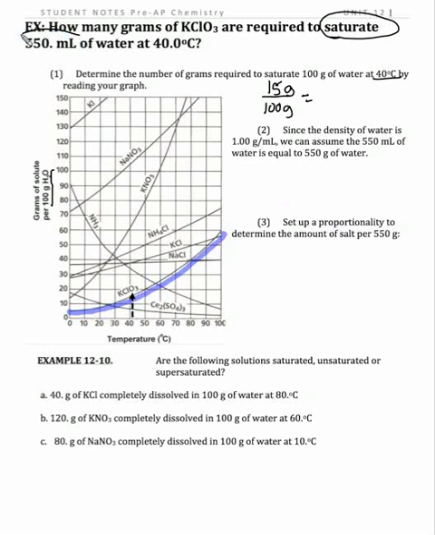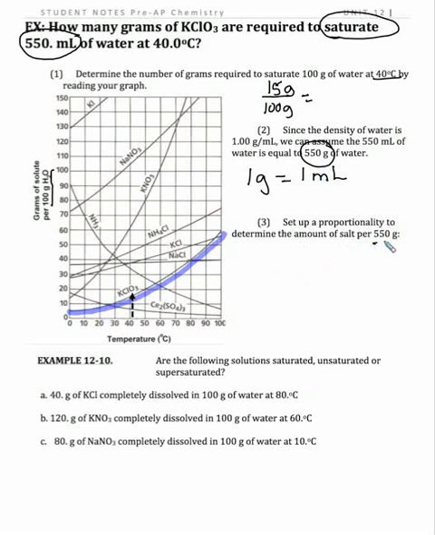Now notice that this said 550 milliliters. Since we're talking about water, we're going to make the assumption that 1 gram takes up 1 milliliter of volume. So you'll see that used quite a bit. If you see milliliters, just convert it directly to grams.